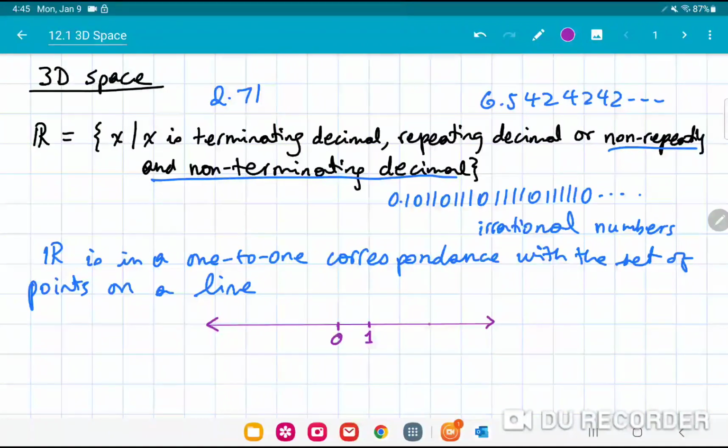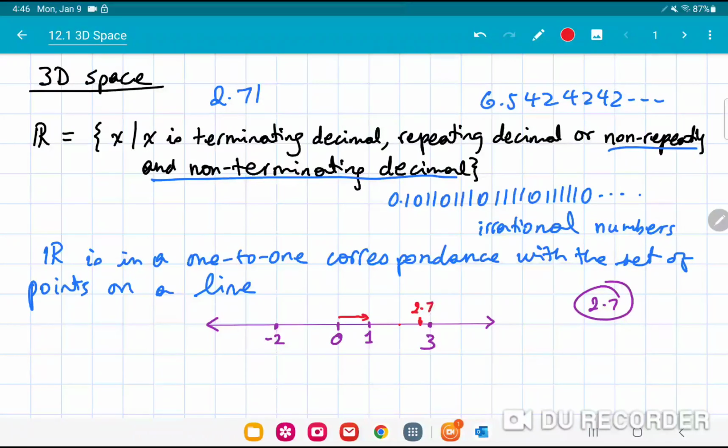For example, this point here is 3 units out from the origin, and therefore that represents the number 3. This point here is -2. Also, if I give you 2.7, then you measure 2.7 units from the origin, a directed distance. Because 2.7 is positive in this direction, you measure 2 units and 7/10 of a unit, and you place 2.7.